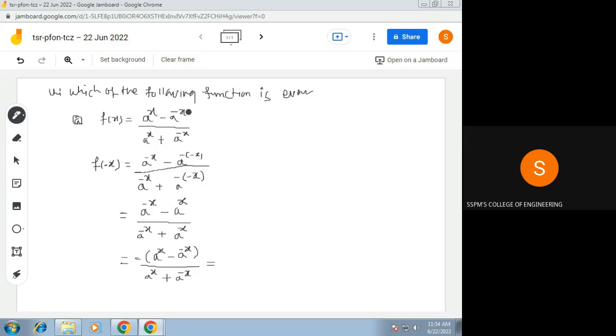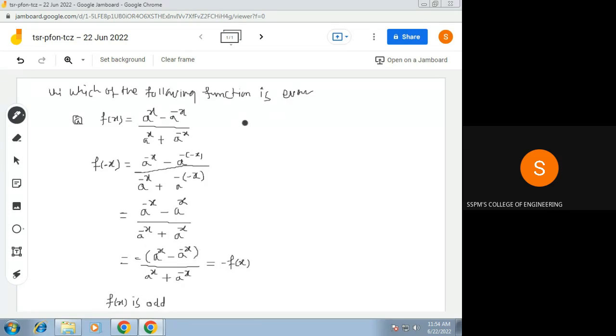Yes. It means it is minus times the function of x. And when f of minus x is minus f of x, the function is odd, as you studied in the last lecture. So f of x is odd. It is not an even function.